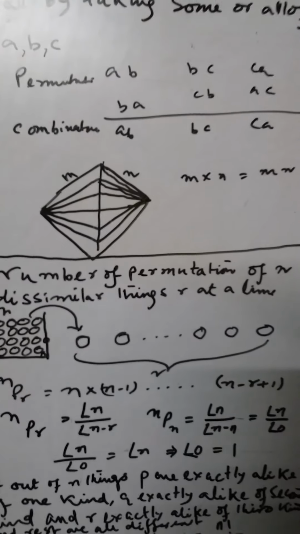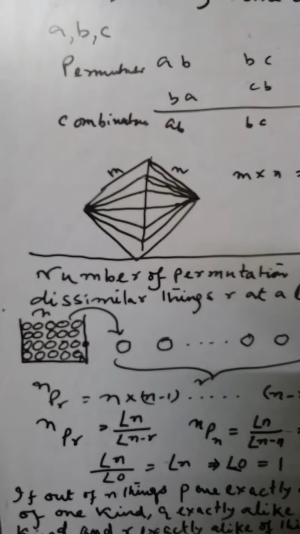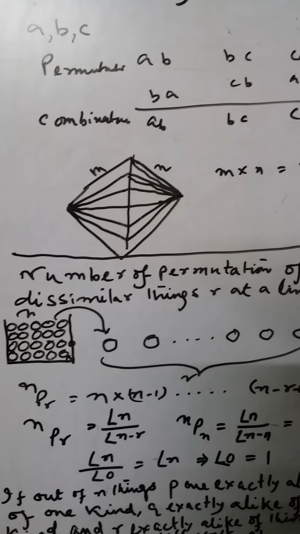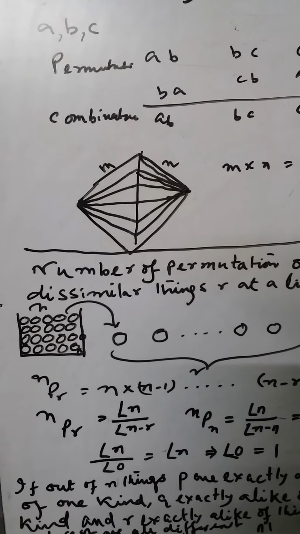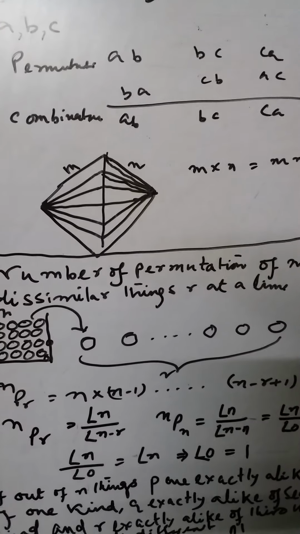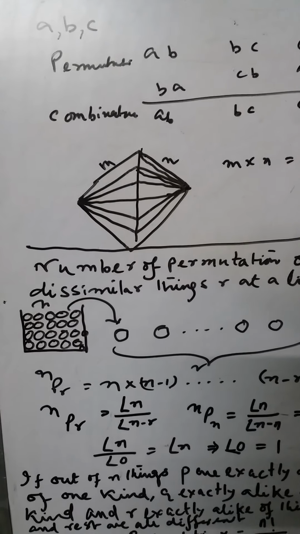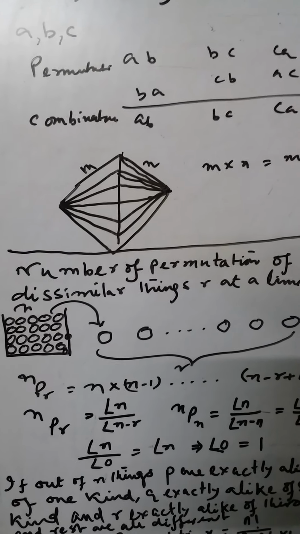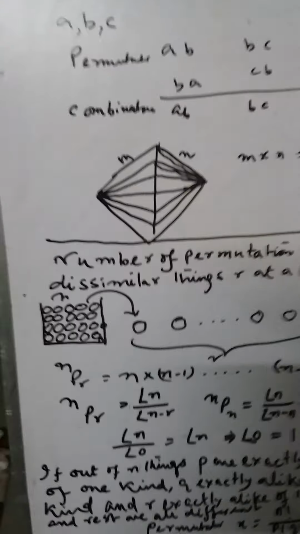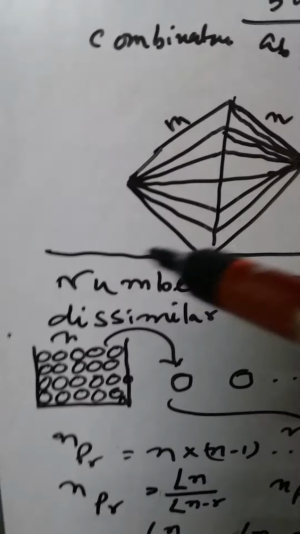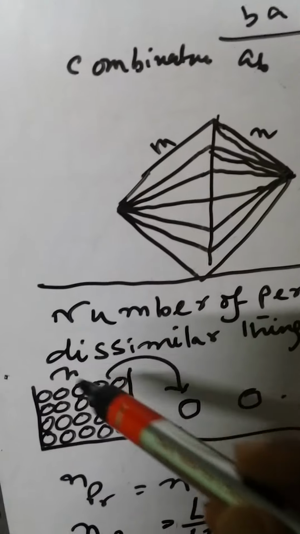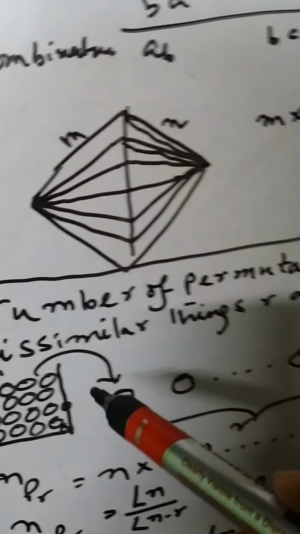Now, the number of permutations of n dissimilar things taken r at a time. It means there are n things, all different.